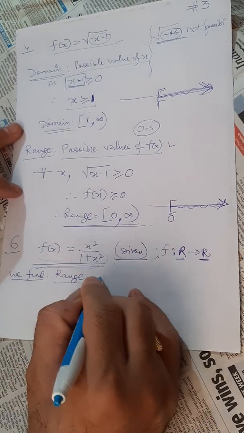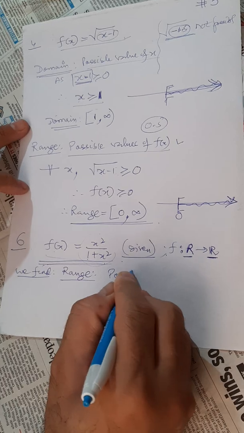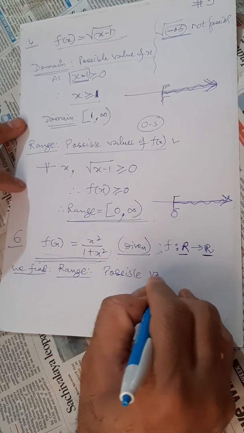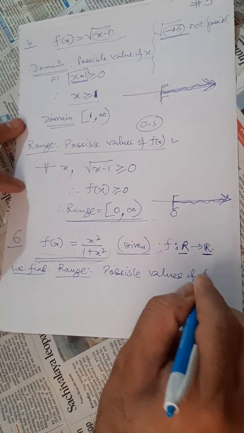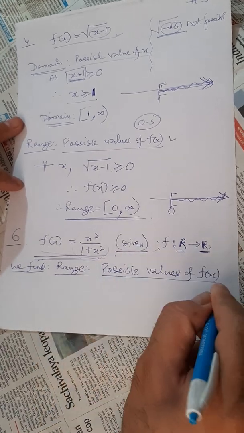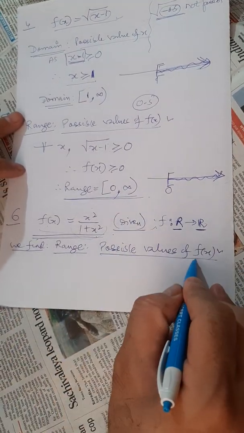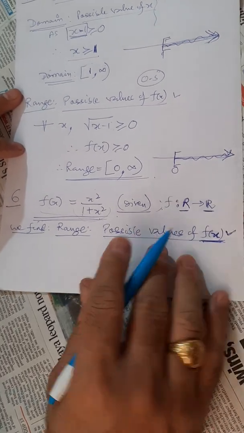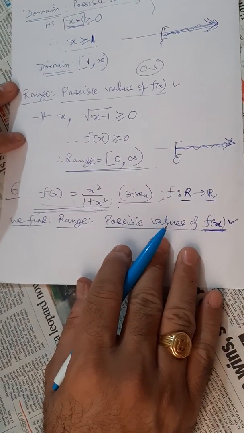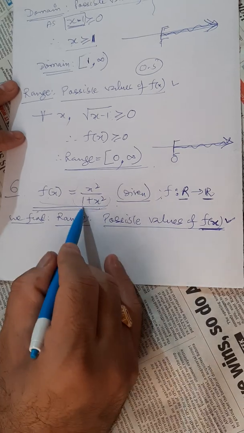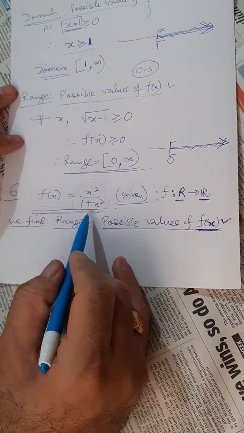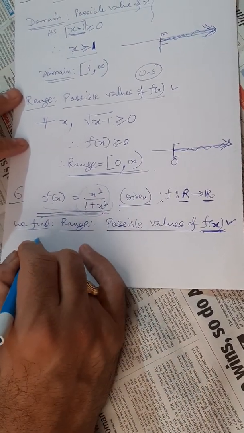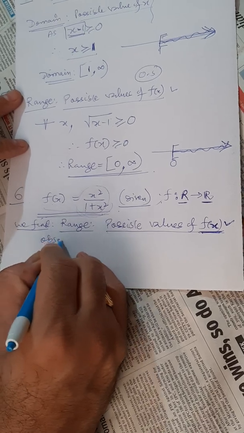Range means, you know, possible values of f(x). That's called the range. Function images. Function means images, f(x) means images, possible values of f(x). So here, as far as the function is concerned, you observe this much.